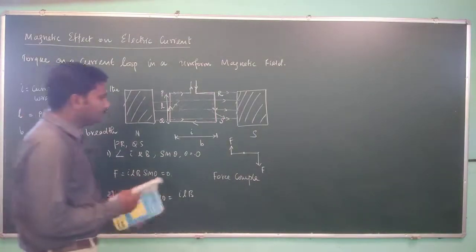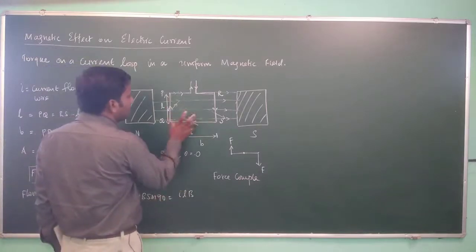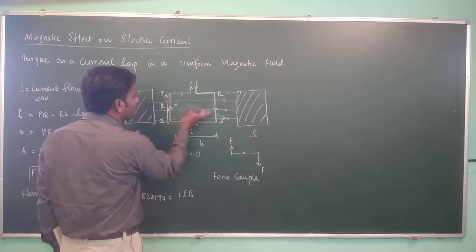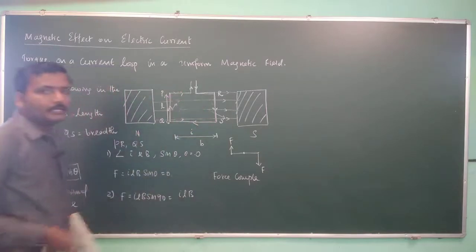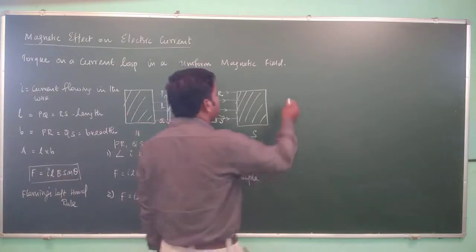Now we can write the resultant torque, which means this rectangular coil will start to rotate, and for this rotation you can write the torque. What is the torque?